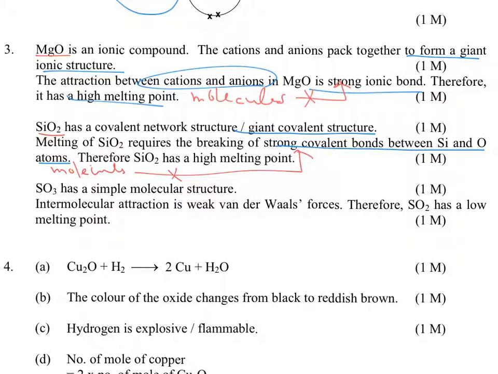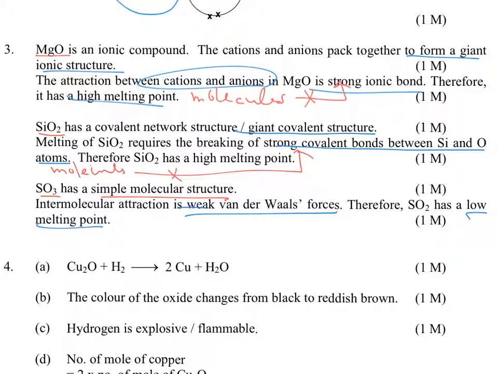And then for sulfur trioxide, it has a simple molecular structure, in terms of structure, and only weak van der Waals forces, or you may use intermolecular force, which is very weak. So low melting point here. So you account for these 3 compounds' melting points according to the structure and bonding.